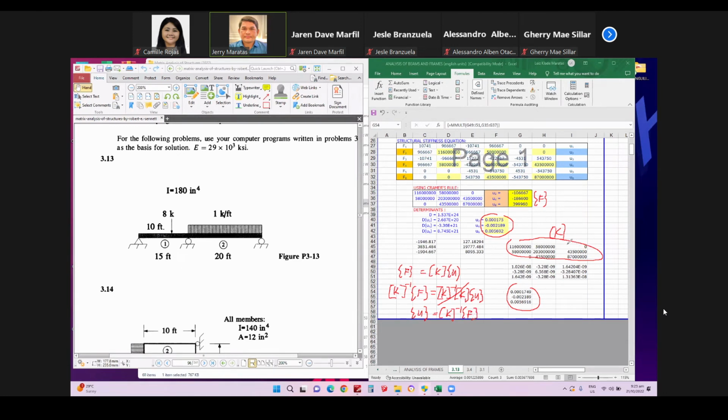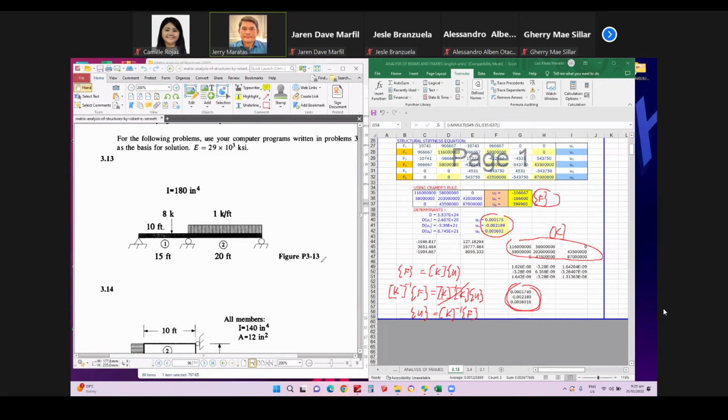You multiply the inverse by this and we get the displacements. That is how I programmed it, using some numerical methods.